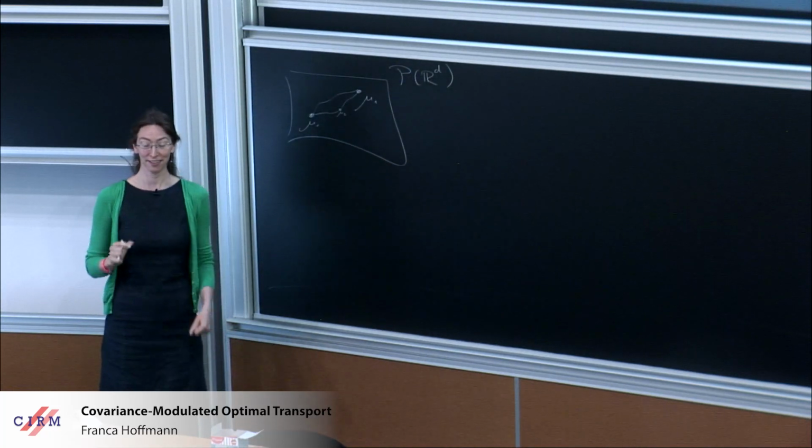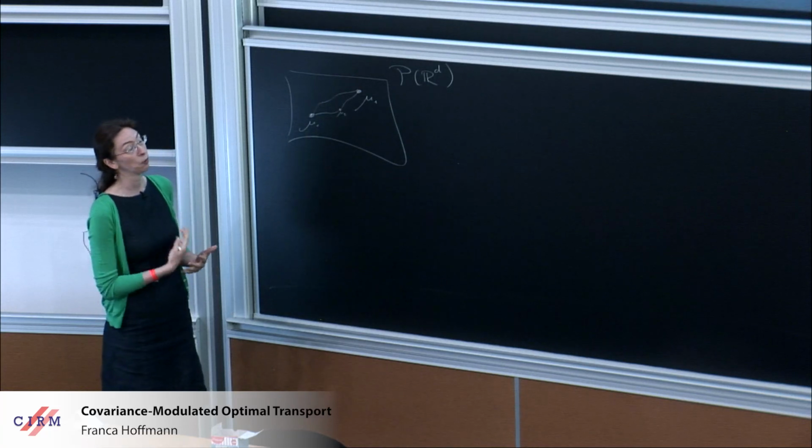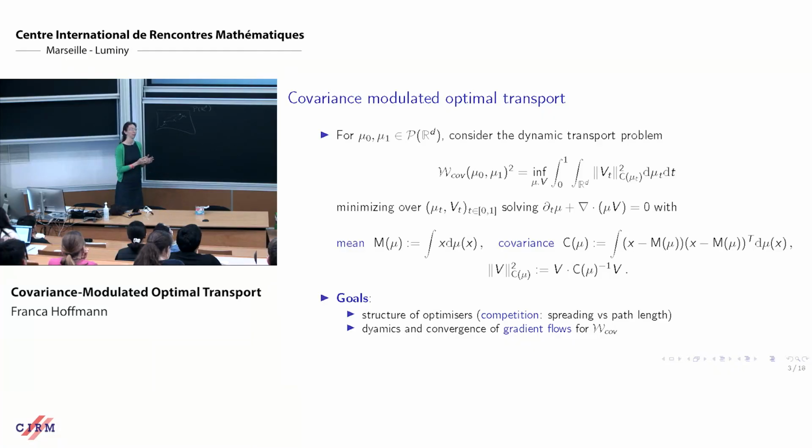Now, the difference here is that the way we're measuring the kinetic energy is different. So instead of just using the usual square norm of the velocity vectors, we are now using an inner product that is weighted with the covariance matrix, where the covariance matrix is the covariance matrix of this probability distribution at that point.